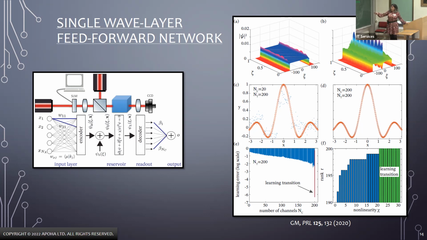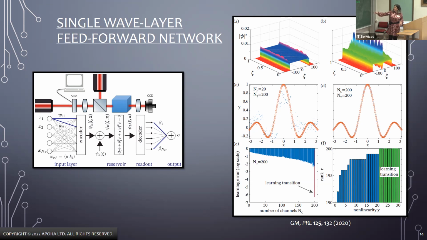So all of this is done at high nonlinearity, so for a nonlinear parameter chi that is high enough. But if we consider a parameter chi that is not high enough, we can see that even in the case in which the response matrix is square, we don't get to the point in which the rank is maximum, so the determinant is non-null.